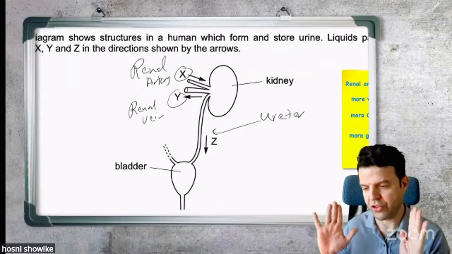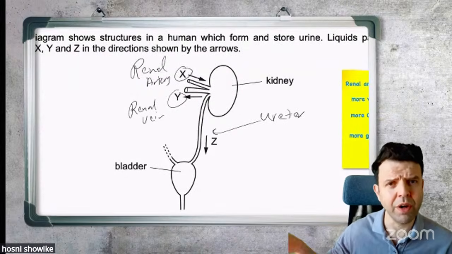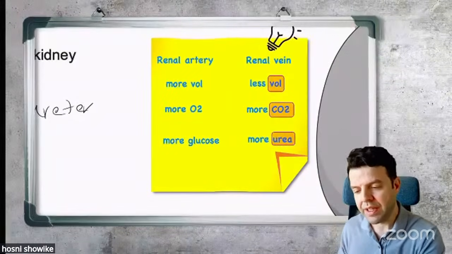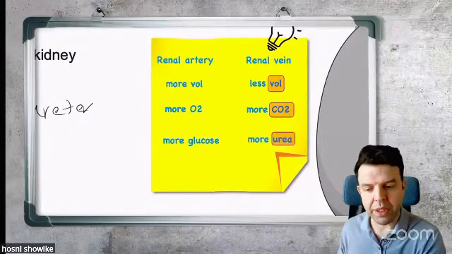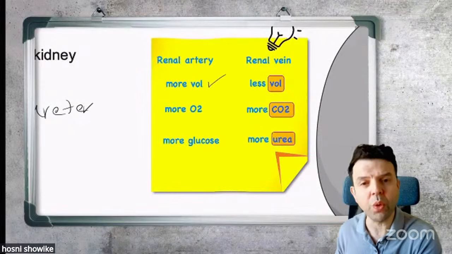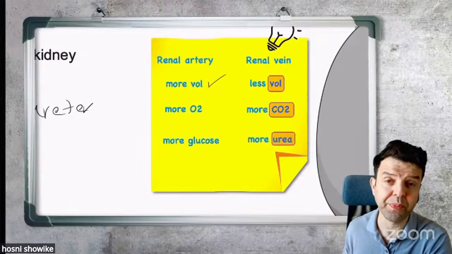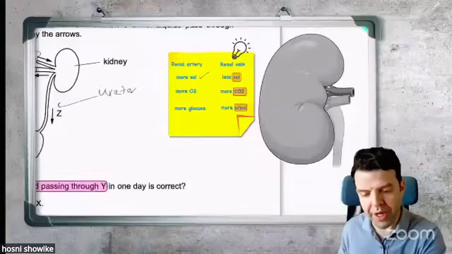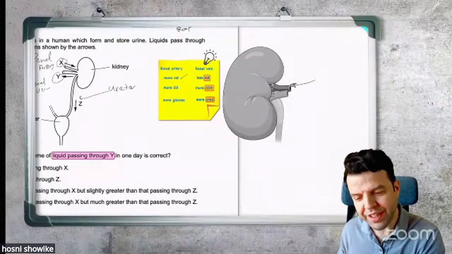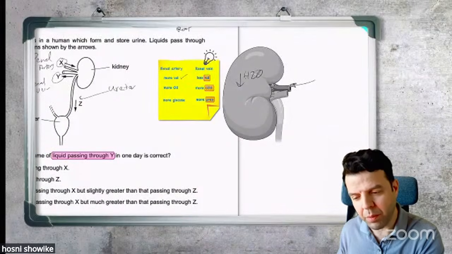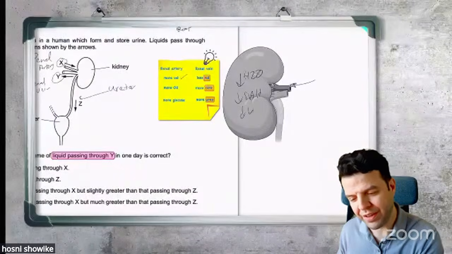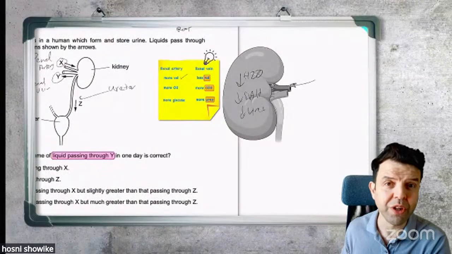Now, let's just make a quick comparison between renal artery and renal vein. In terms of volume, the renal artery would always have a greater volume of blood. Why? Because when the blood arrives in the artery, some water, some salt, some urea will be removed from the blood.